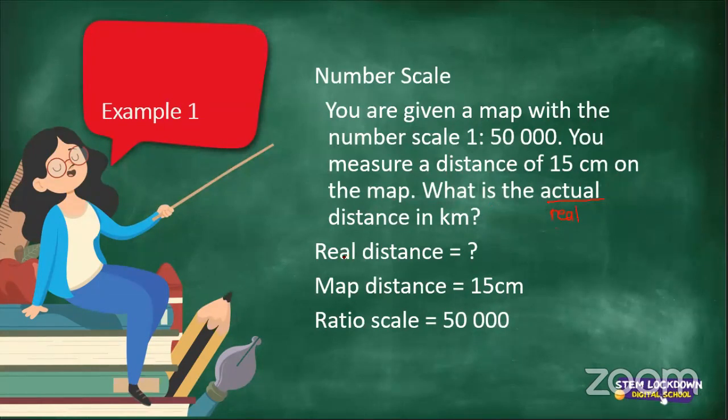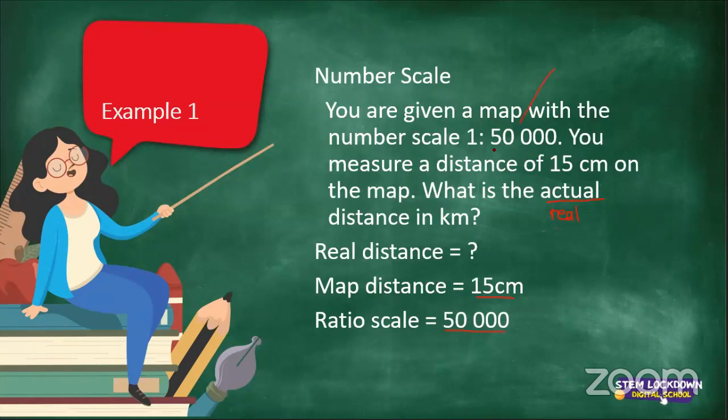So I need to know my real distance, my actual distance. I've measured my map distance using a ruler, right? This is given, by the way. And my ratio scale, right? The real part of the ratio scale. This is the real part of the ratio scale, right? This is the paper part.